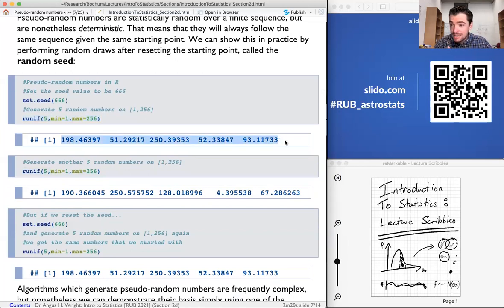Because the machine isn't generating truly random numbers, it's generating pseudo-random numbers based off some seed, and I've just reseeded the entire process. So the whole chain of random numbers starts afresh from the same point. And because it's deterministic, it goes to 198, and then again to 51, then again to 250, et cetera, et cetera.